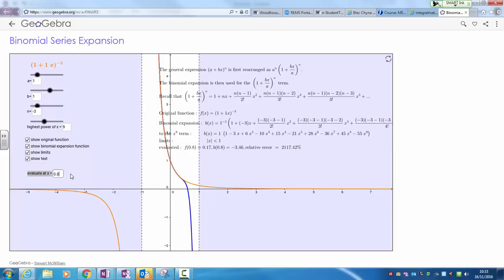Let's try and focus in and go to 0.1. At 0.1, it's really accurate. Let's try 0.3. And as you can see, the relative error obviously is quite small. It's less than 1%. Okay? At 0.5, it begins to go up to 13%. The same happens obviously at the negative values. If I put in a negative value of x, let's put in minus 0.3, then I'll still get a small error margin.